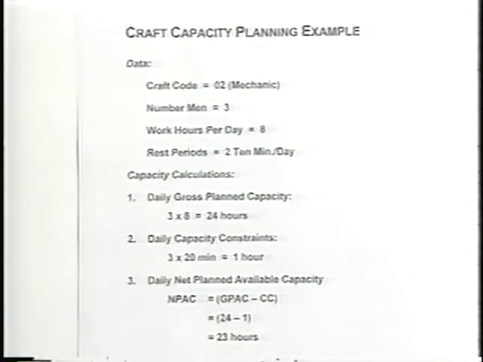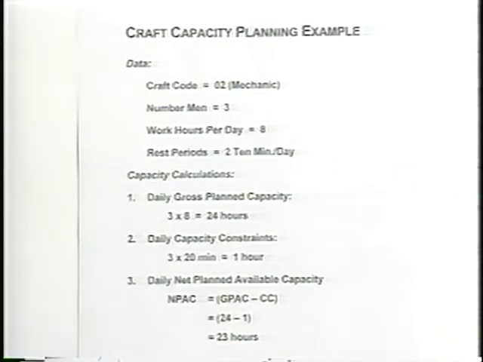Starting off on page 5, we have a craft code of 02, which is the mechanics. We have 3 mechanics in our shop. We are working 8 hours per day, so the gross planned capacity would be 8 hours. Remember, that's our payroll time. We have 2 10-minute rest periods, and we're going to take that data and put it into the formula.